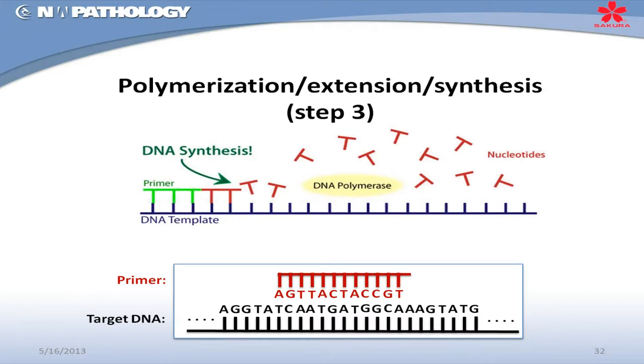So after we've annealed a primer to the target by cooling it down to a point where it can bind, then we raise the temperature of the reaction somewhat to the point where DNA polymerase, the enzyme, is most active. And then DNA polymerase can add the various raw materials, the A's, T's, G's, and C's, on the end of the primer to form a new DNA molecule.